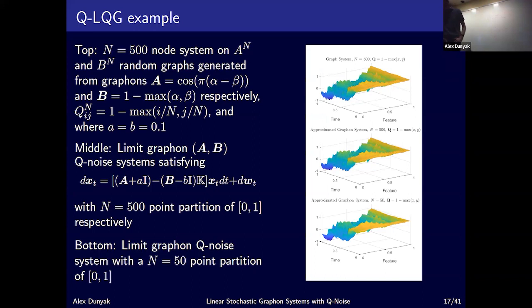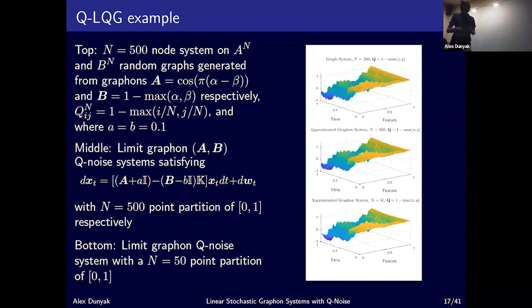Yes, and then finally, to demonstrate why we might want to use this graphon approach. Again, we simulated the same system in the bottom image, but instead of 500 grid points, we only used a 50-point partition of the unit interval.